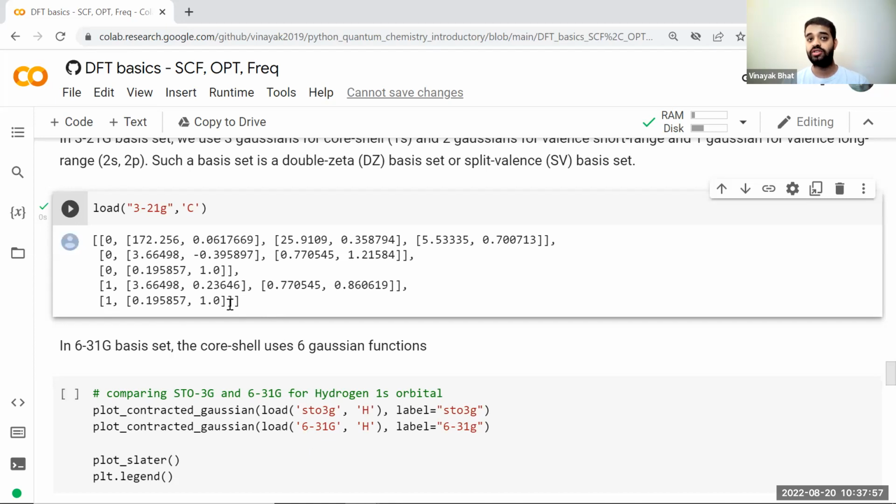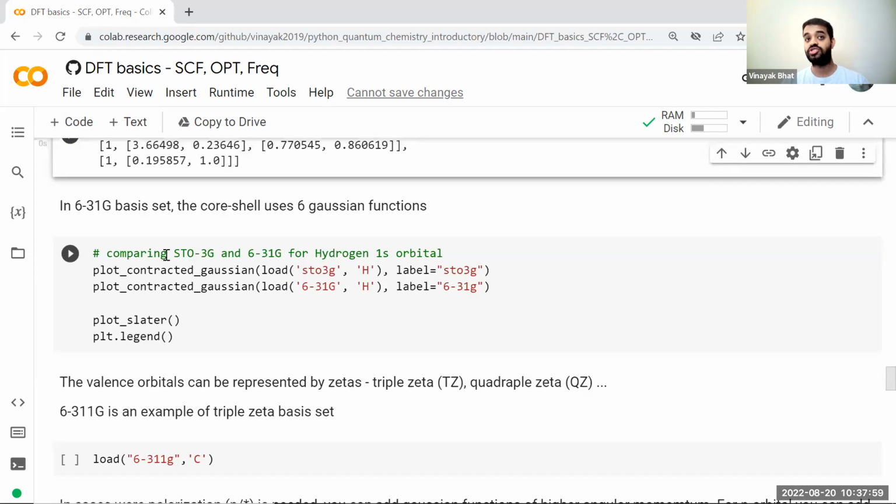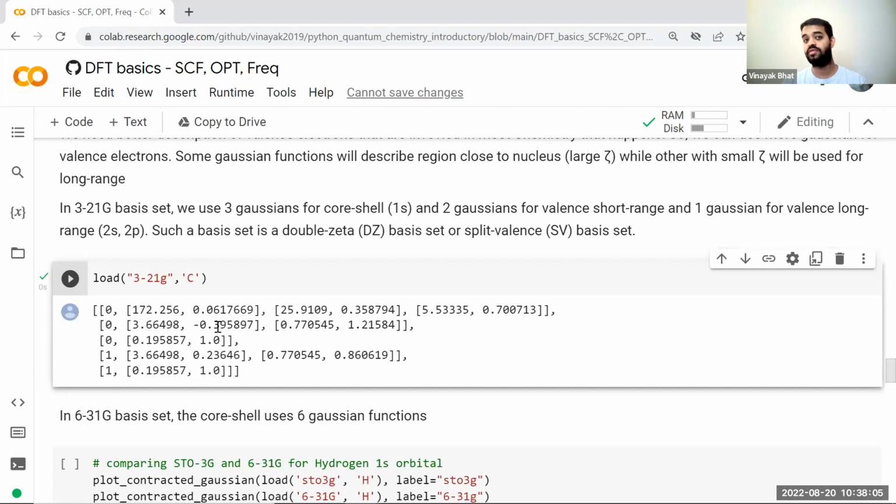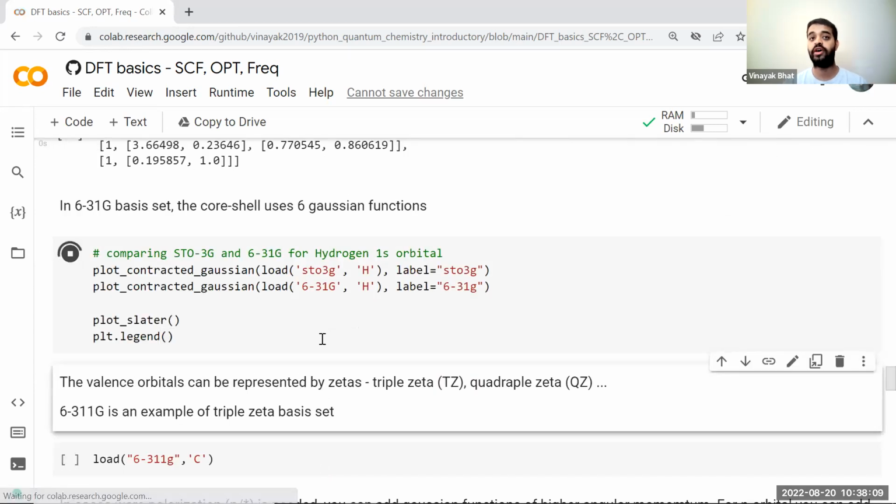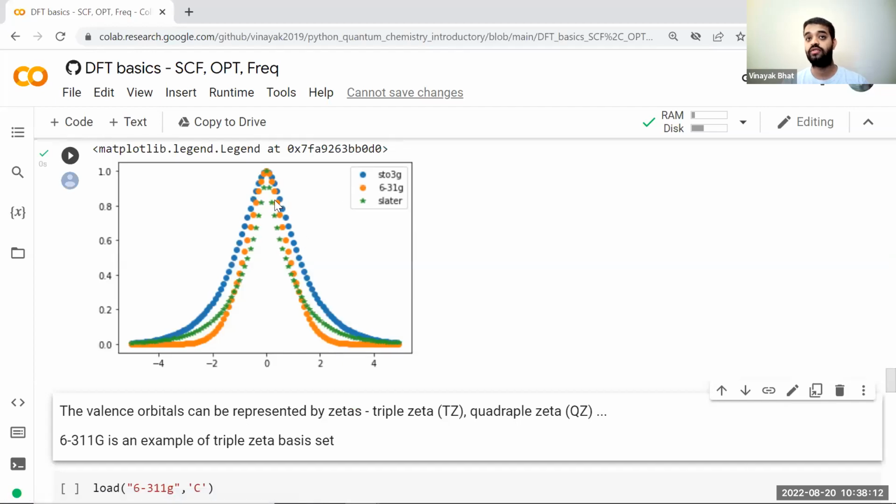So what this does is it describes the inner shell more accurately, because we don't just use 3 Gaussians. We can even use 6 Gaussians, and we can see a comparison of how those differ. The blue one is the STO-3G, where we just use 3 Gaussians.